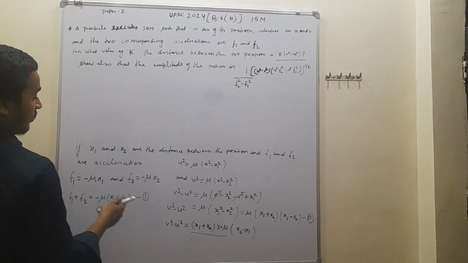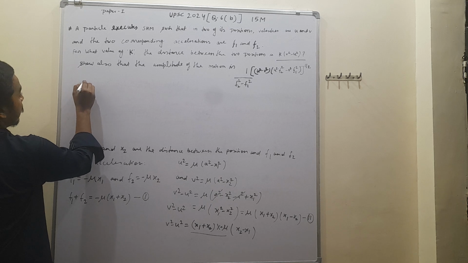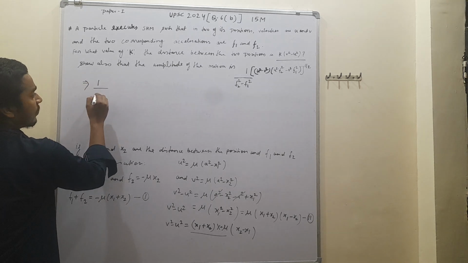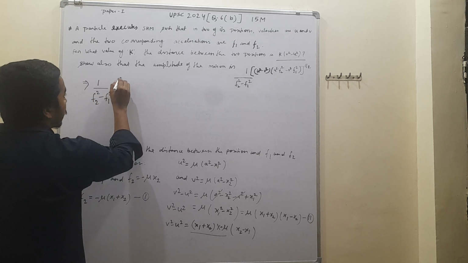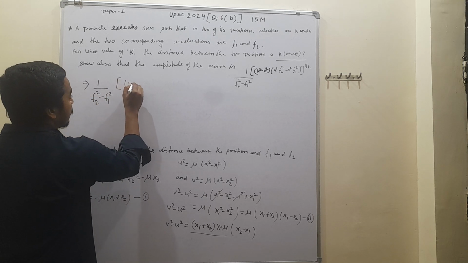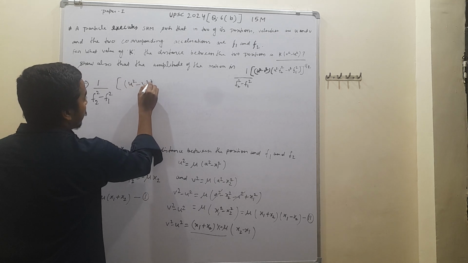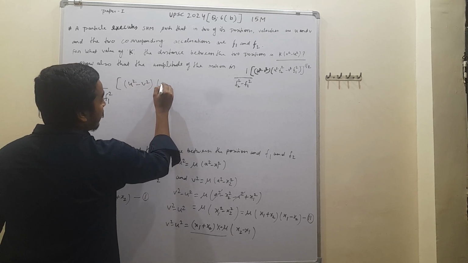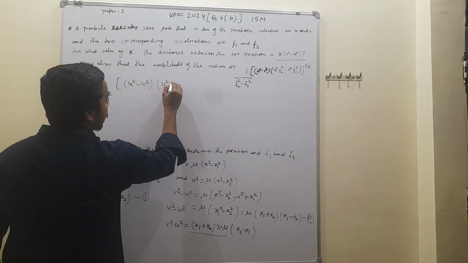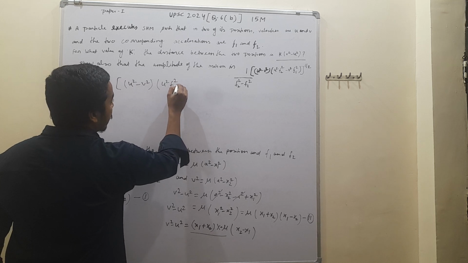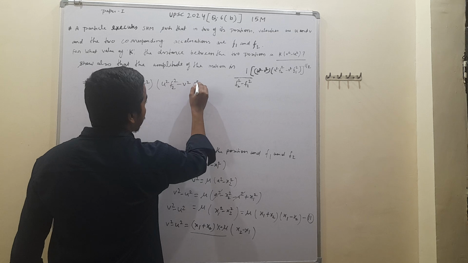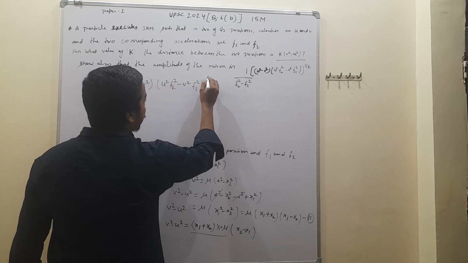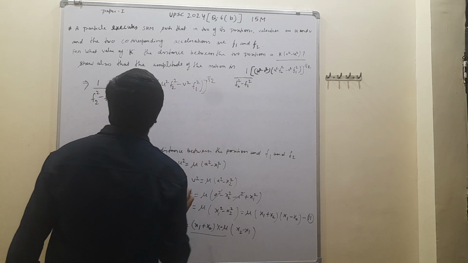Taking 1 upon (f2 square minus f1 square) bracket (u square f2 square minus v square f1 square) whole power 1/2.